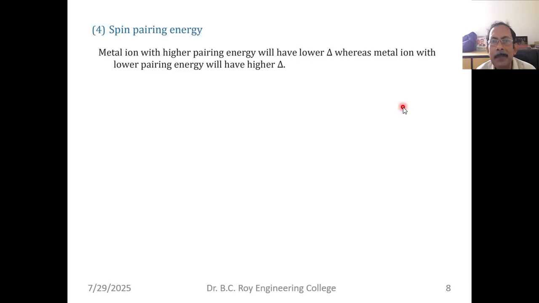Then the fourth point, spin pairing energy. A metal with higher pairing energy will have a lower delta, and lower pairing energy will give a higher delta, because the pairing energy is subtracting from the splitting energy value.